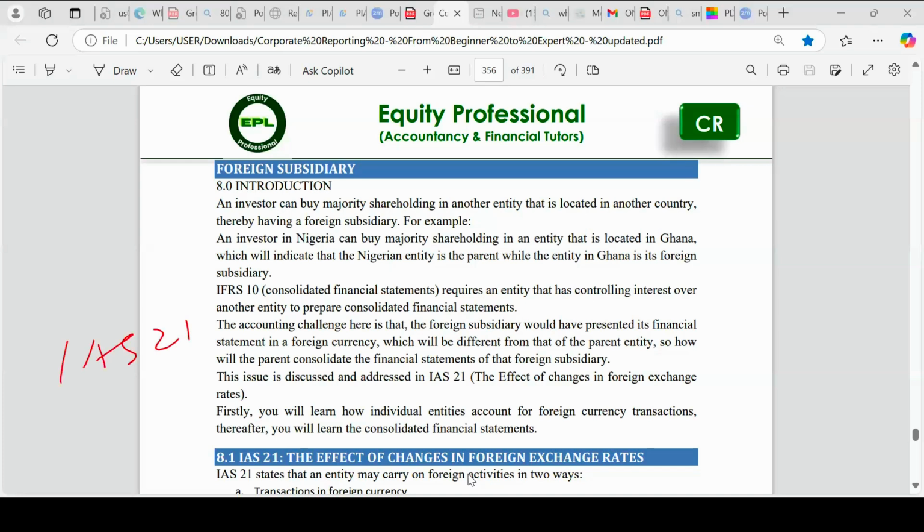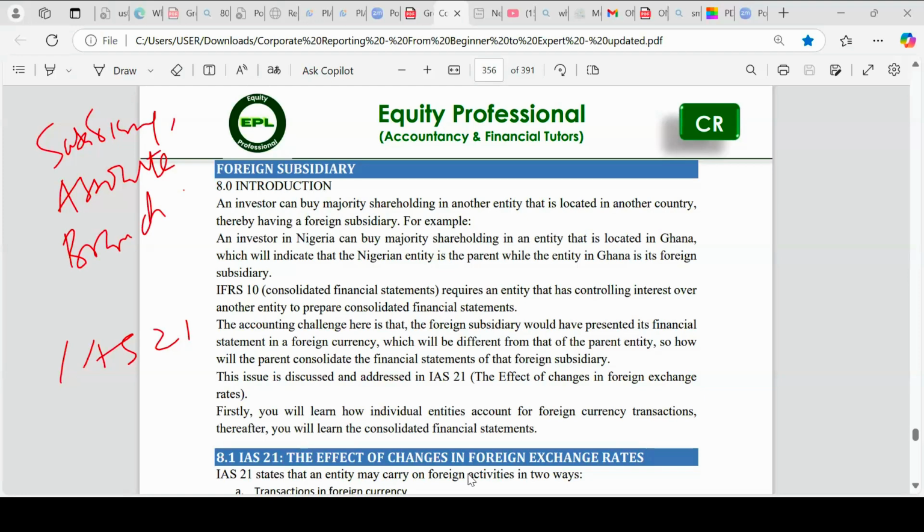A foreign subsidiary simply means it will apply when you have a subsidiary, or you have an associate that you want to bring into the books, or you have a branch in another country that is different from the country of the parent company, where the functional currency of that subsidiary or associate or branch is different from yours.